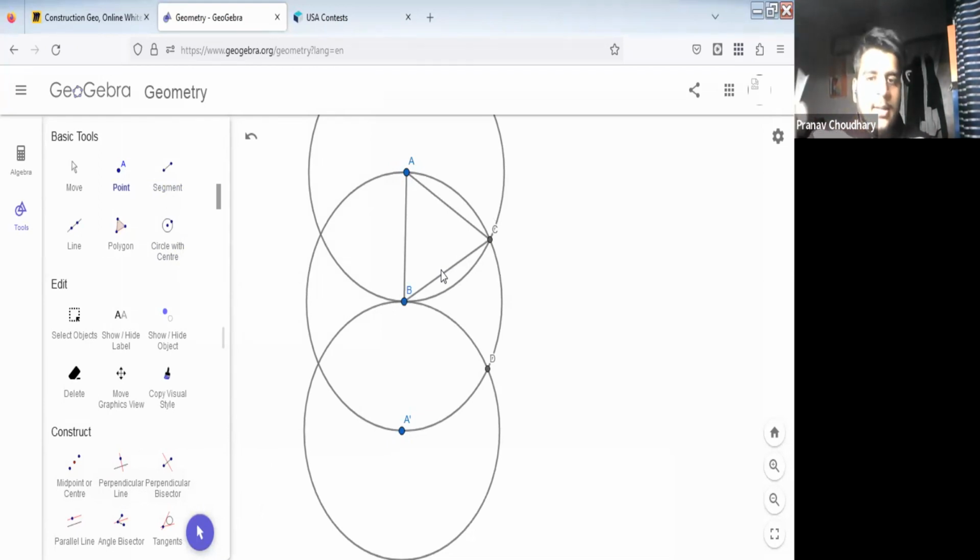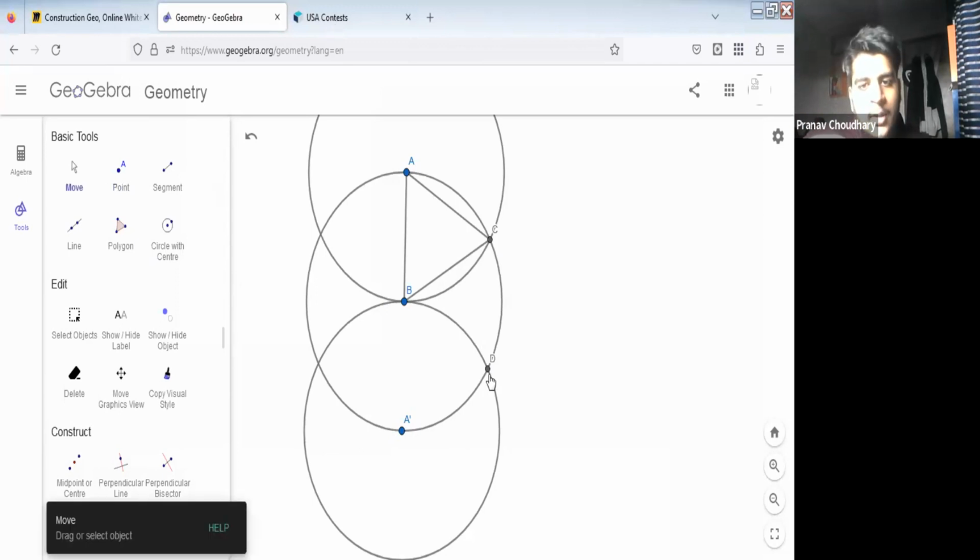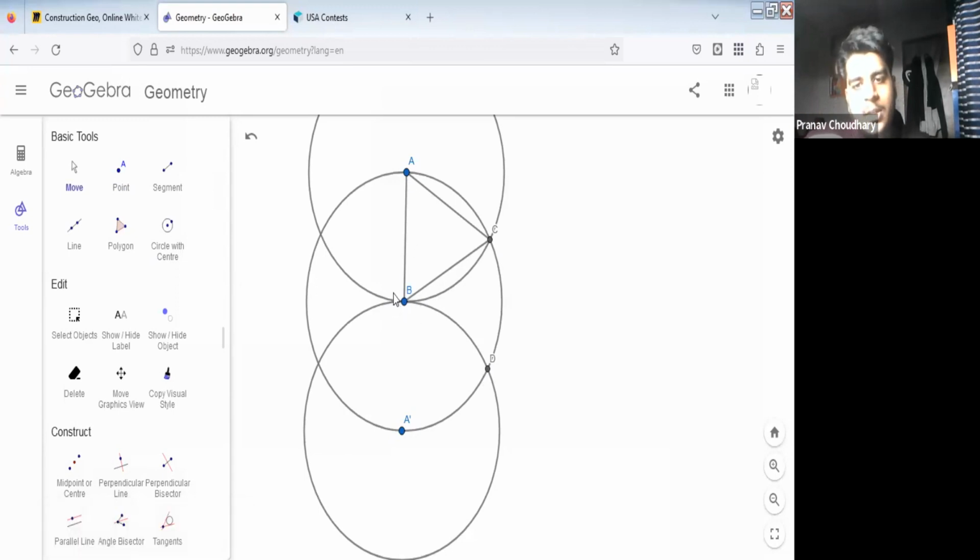You do not have this point right now, but let's say you had it. With respect to A, B, A dash, as C is to A, B, D is to A dash B. Right? Can you construct D using A and B? Can you find a nice way to construct D?